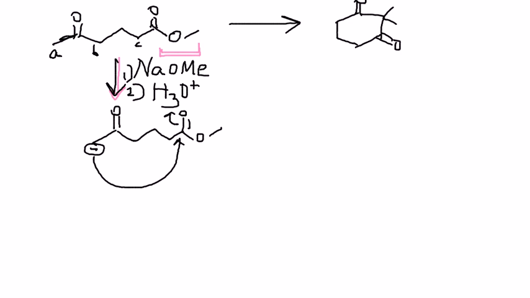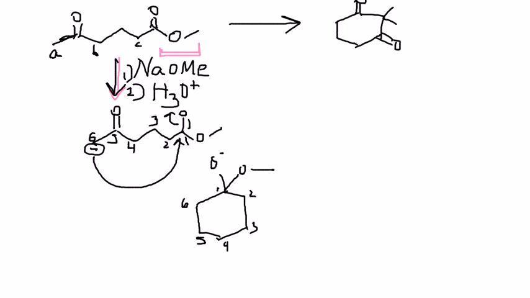Electrons are going to move. So if I number, let's put it 1, 2, 3, 4, 5, and 6. It's a 6-member ring that you're going to get. You have an O negative, you have an O methyl, that's carbon 1, this is 2, 3, 4, 5, 6.